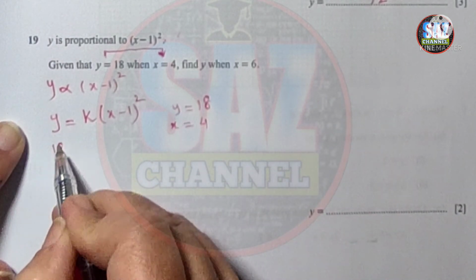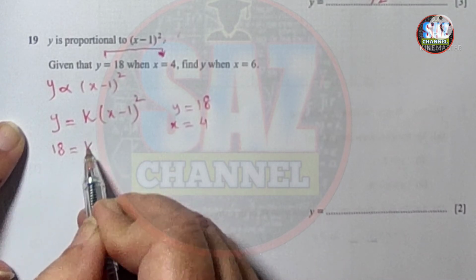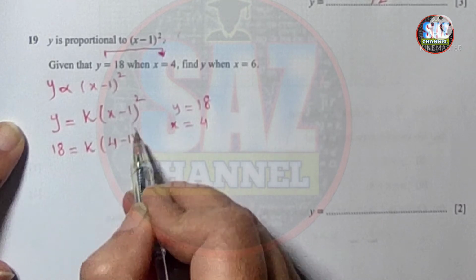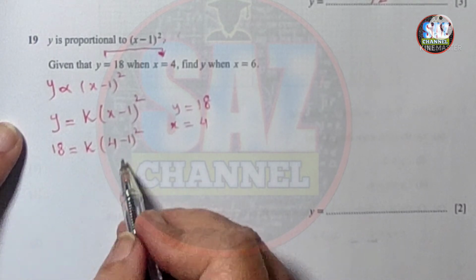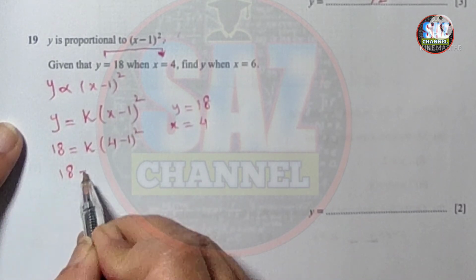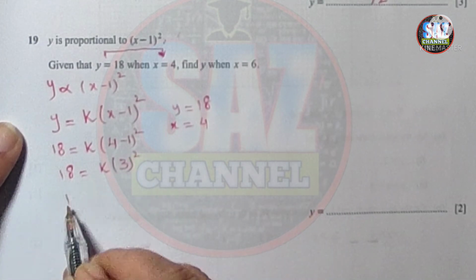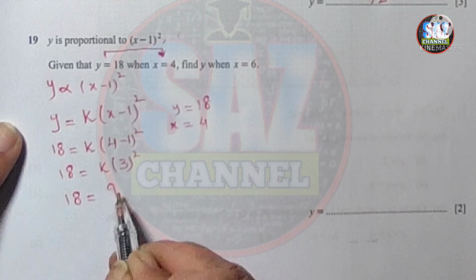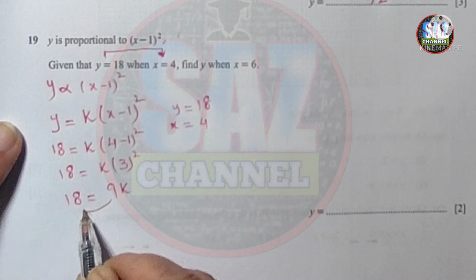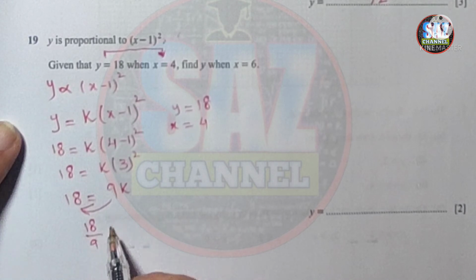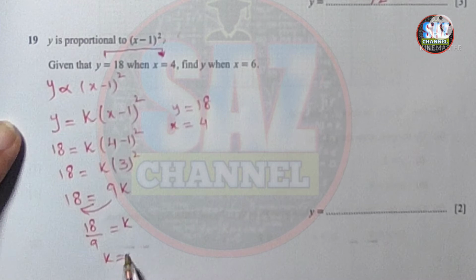y is 18 equals k into (x is 4 minus 1) whole square, and this gives me 18 equals k into 3 square, and this gives me 18 equals 9k. In order to get the value of k, I have to shift the 9 to the other side, equals k, and k equals 2.